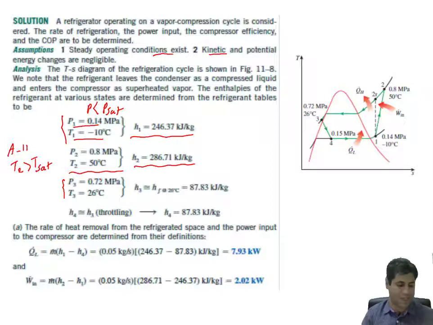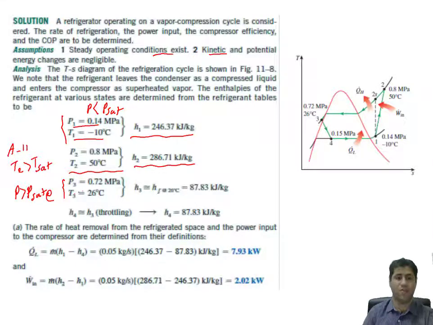In other words, P is higher than P saturated for this temperature, 26 degrees Celsius. This is the opposite of state 1. So it is in the subcooled or compressed liquid region. So we need to go to the table for compressed liquid to find the enthalpy or other thermodynamic properties for this refrigerant, for this state.